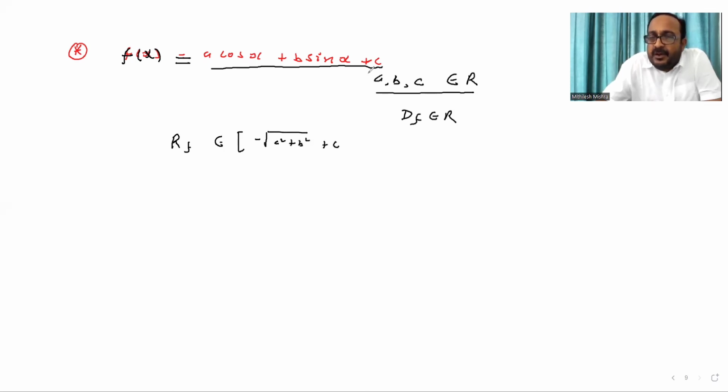If c is not given, then leave that. This is the way to find the domain and range for the function a cos x plus b sin x plus c, right?